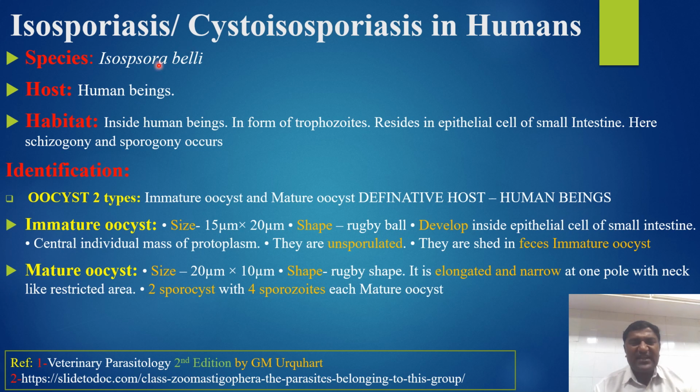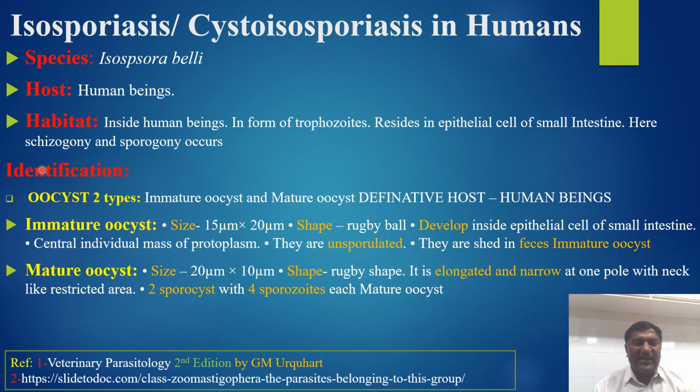The species that causes this disease is Isospora belli, and the host is human beings. Its habitat is inside the human being in the form of trophozoites, residing in the epithelial cells of the small intestine. Here schizogony and gametogony occur.